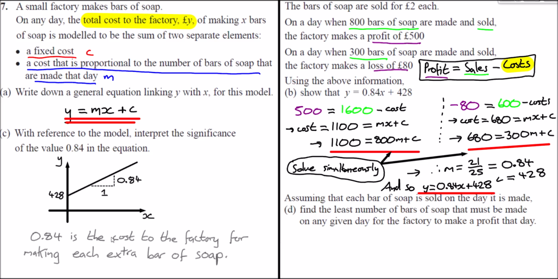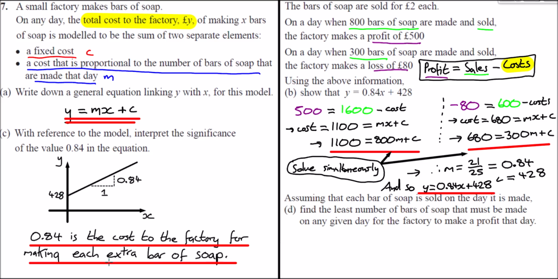So the wording I'd suggest to use would be something like this at the bottom. Essentially it's to say that 0.84 is the cost to the factory for making each extra bar of soap. If you're wondering why I'm using the word extra, it's because I can't just say that the cost to the factory for making one bar of soap would be 84 pence, because the fixed cost is £428.